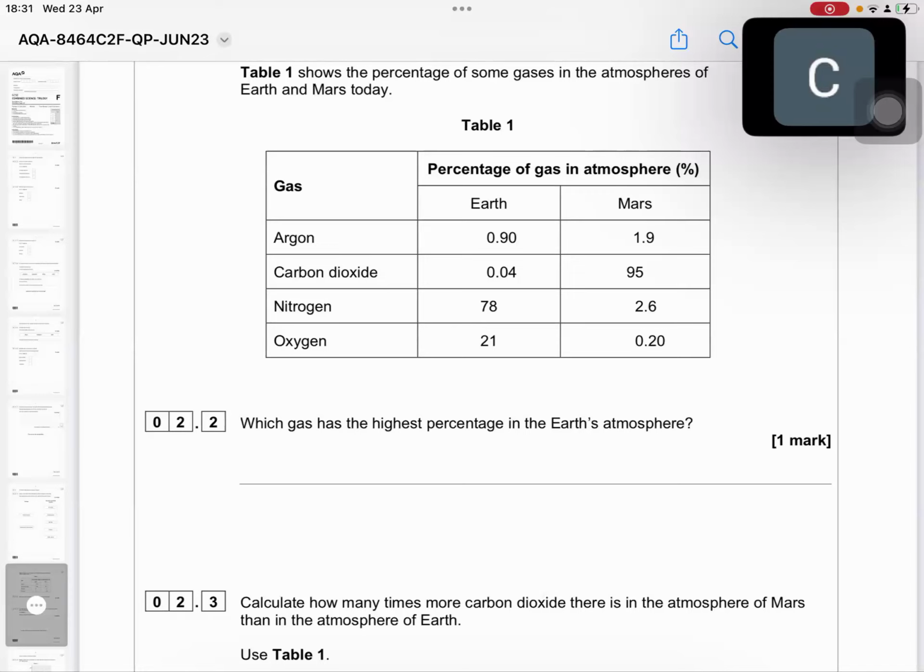From what we can see, I think it's safe to say that it's nitrogen, right? Hold on a minute. Yes, it's nitrogen, that's correct.